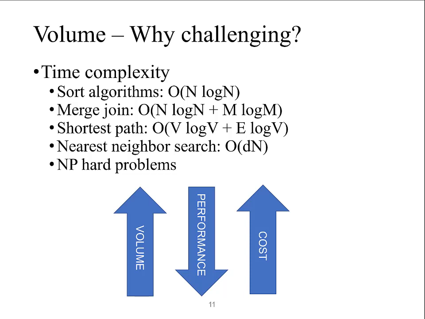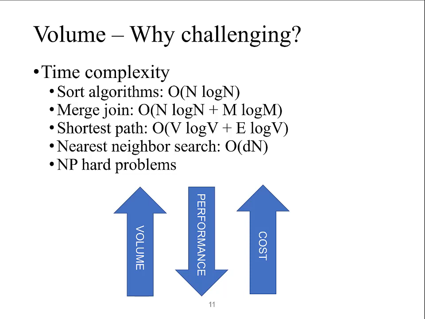So basically, when n becomes larger, none of these algorithms has a sublinear time complexity, which means the time complexity would grow faster than n. That's why all of them would suffer from a large n, from the large volume of data here.